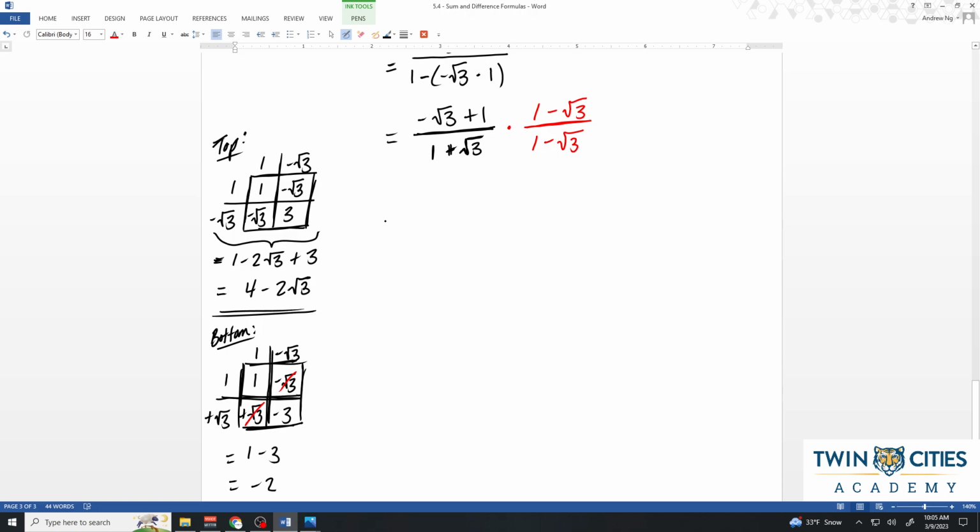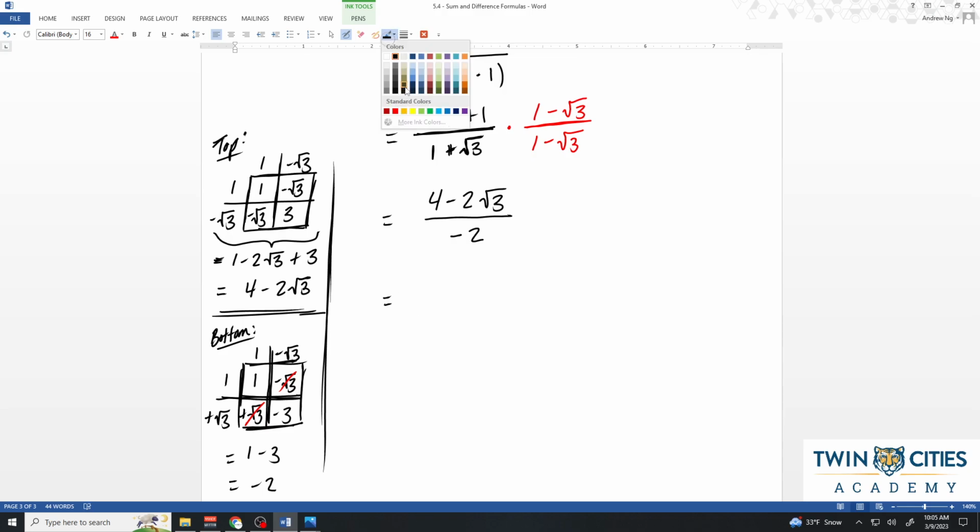Okay, so then the top part ends up being 4 minus 2 square root of 3 over the bottom part is a negative 2. And what I can do with this is I can say this 4 and this 2, they both have a 2 that I can factor out. More specifically, I can factor out a negative 2 to the front.